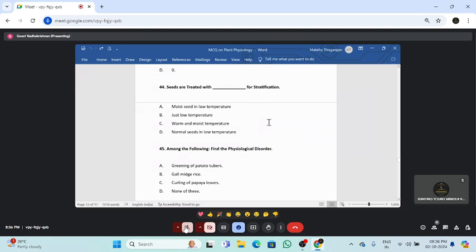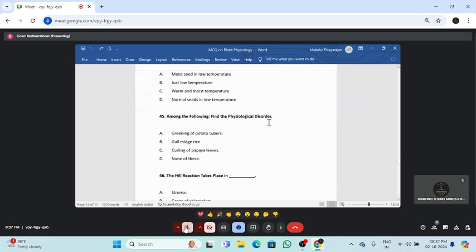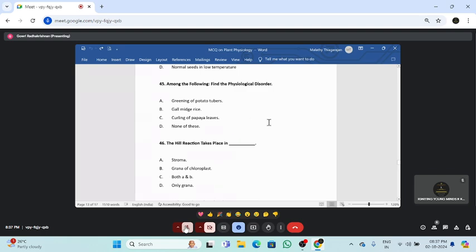Seeds are treated with dash for stratification. So option A, moist seed and low temperature. Among the following, find the physiological disorder.